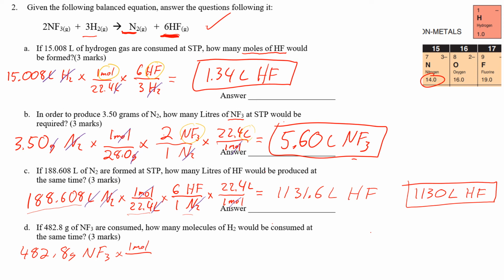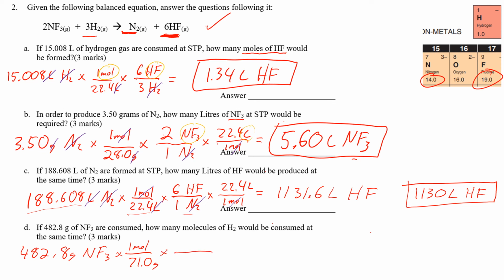Fluorine has a molar mass of 19. There's 3 of them, so 19 times 3, and then I'm going to add my 14 to that. And so it has a molar mass of 71. Okay, now I'm in moles of NF3.